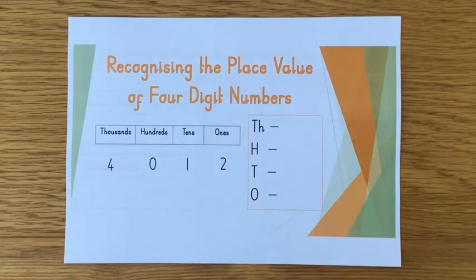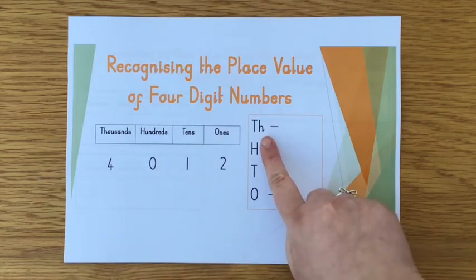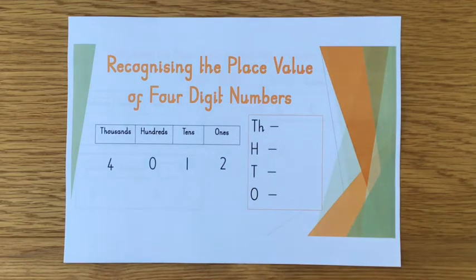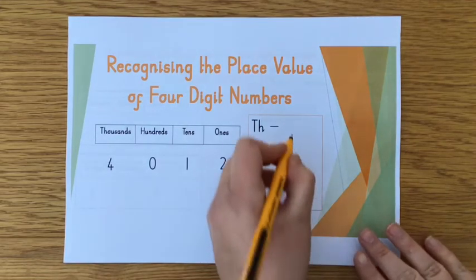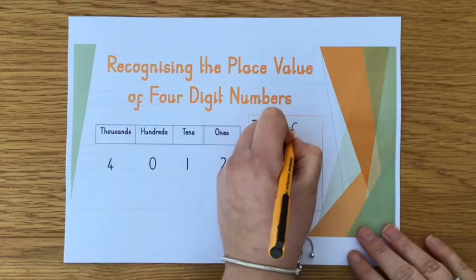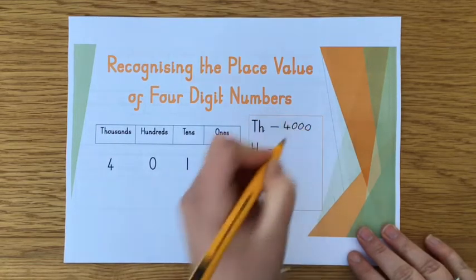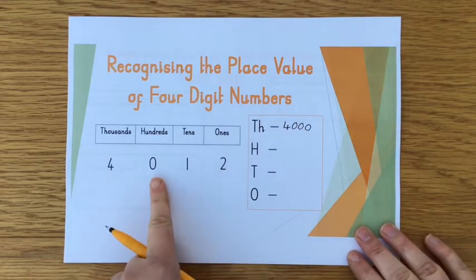Okay, here I've got another example. I've got 4,012. In the thousands column, what is the number worth? Well, it is worth 4,000. In the hundreds, it's a 0. So that means that there is no value to that number.